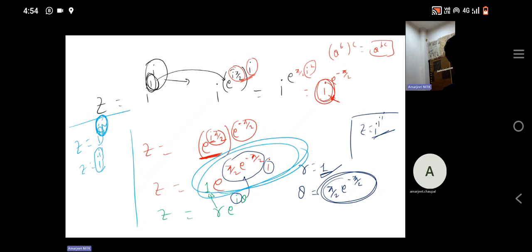If you start from the lower part, z is equal to iota to the power iota, that means if you write this iota first as e to the power iota pi by 2, and then this iota, you will get wrong answers, because it is like this: suppose here 2 to the power 3.